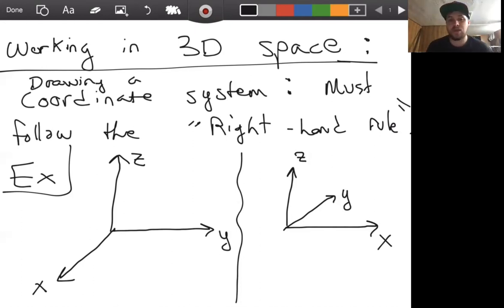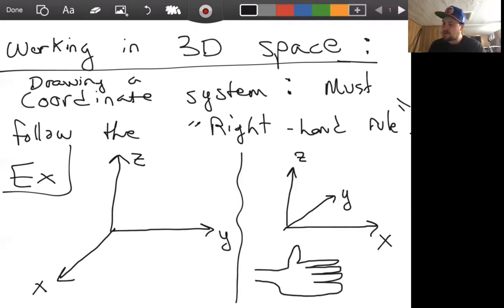And so let's learn what the right-hand rule is. If you take your hand and point it in the direction, so let's draw a hand here. Okay, so it's a humongous pinky, but that's all right. You take your hand and point it in the direction of the positive x-axis and curl your fingers towards the y-axis. The z-axis should be pointing in the direction of your thumb.